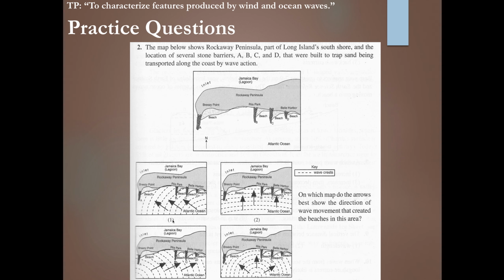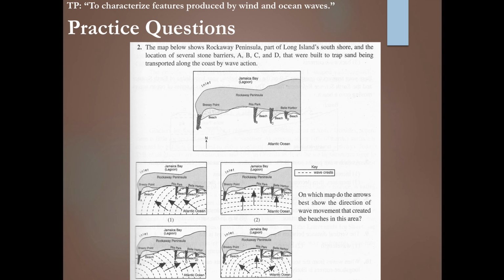Choice 1 shows the waves coming in, so we have swash and backwash. Swash at an angle and backwash. If you notice, these arrows are pointing to the eastern side of the groin, which is good.